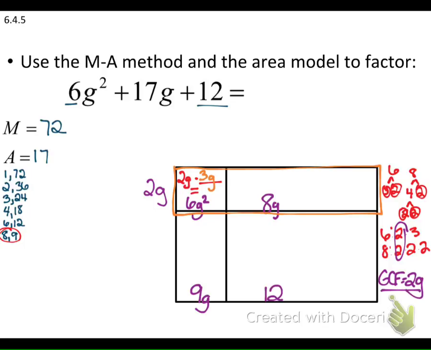Yeah, you're ahead of me. All right, and 2 times what equals 8? 4. All right, so we have 2G times 3G equals 6G squared. 2G times 4 equals 8G. So that means that our width is going to be, well, let's do blue, 3G and 4.